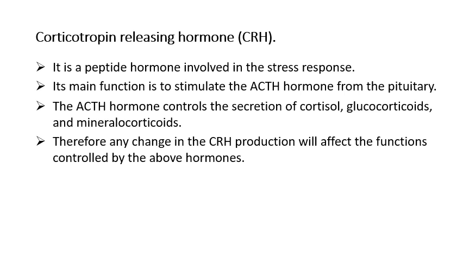And we know that adrenocorticotropic hormone stimulates the secretion of cortisol, glucocorticoids, and mineralocorticoids, which are involved in the stress response. Hormones like noradrenaline, etc., are controlled by ACTH, and this ACTH is controlled by this CRH.